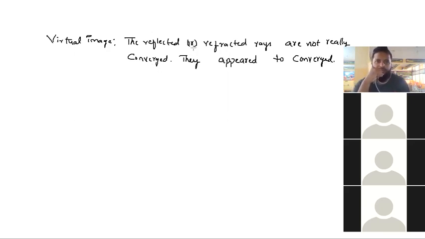I can give you an example. Suppose this is our surface. This is a mirror, and there is your object.